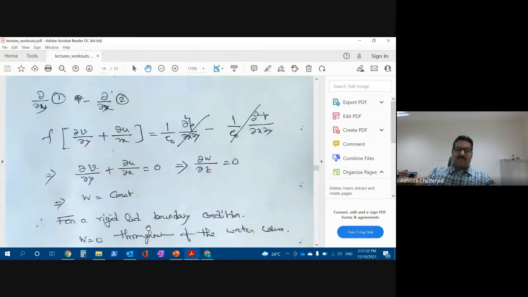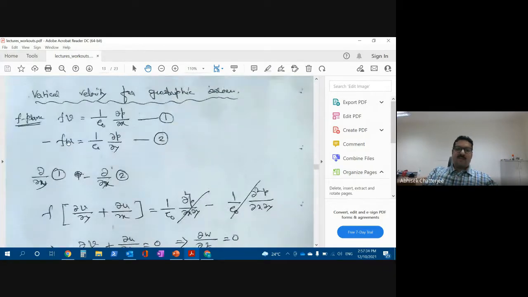Take this equation, minus fU equals 1 upon rho naught del P del Y. Multiply rho naught both sides, so you will get minus rho naught fU equals del P by del Y. Do that, all of you.